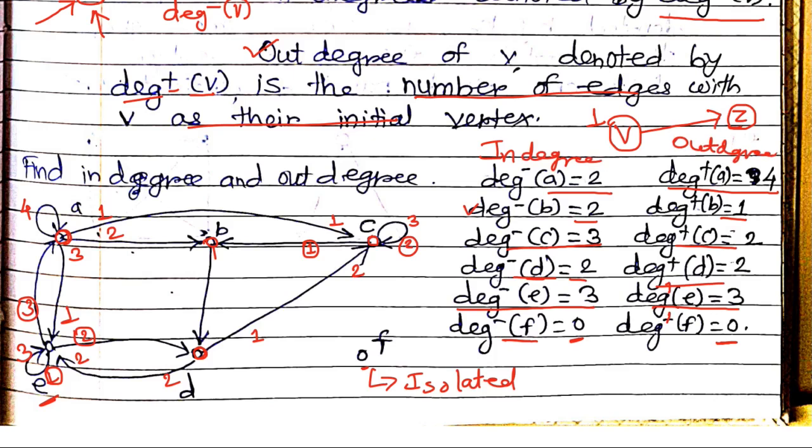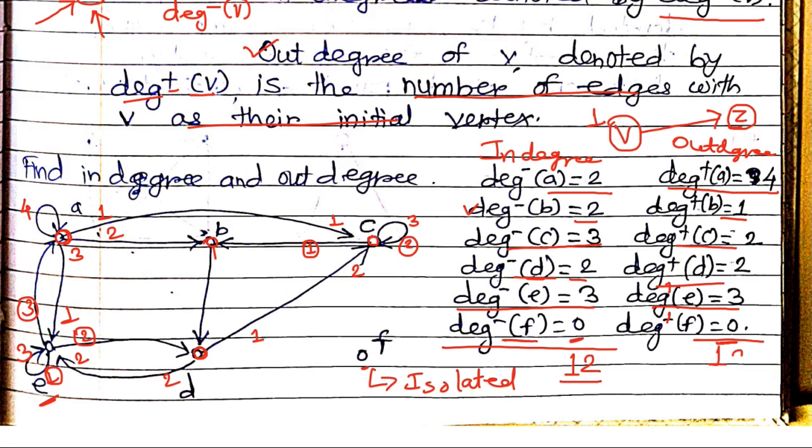Now add all the in degrees. If you add the in degrees of all vertices of the graph, 2 plus 2 is 4, plus 3 is 7, plus 2 is 9, plus 3 is 12. So the summation of in degree is 12. Now add all the out degrees. 4 plus 1 is 5, plus 2 is 7, plus 2 is 9, plus 3 is 12.